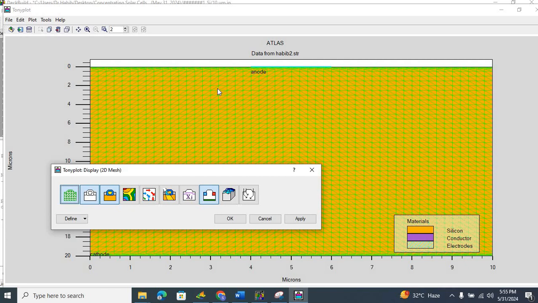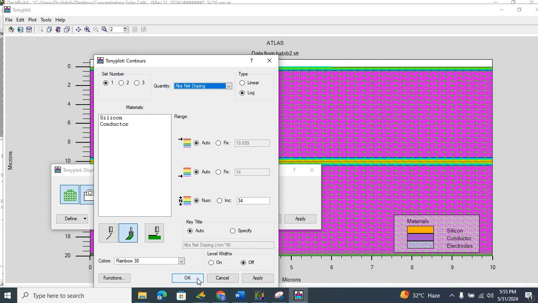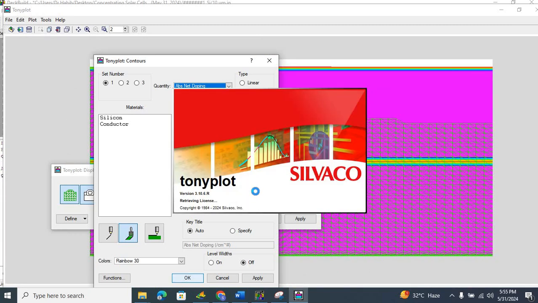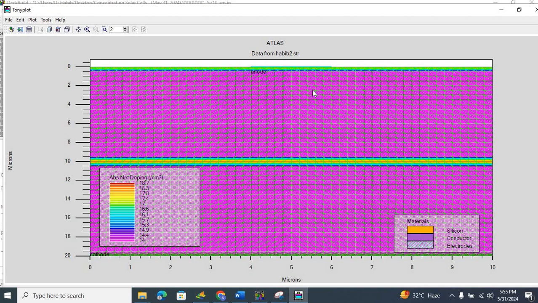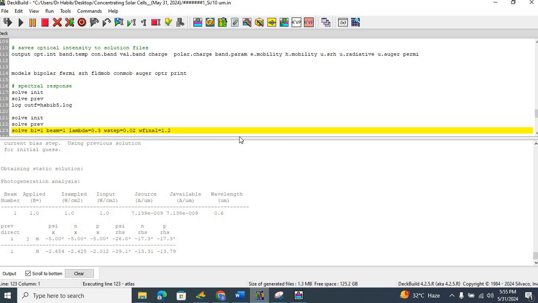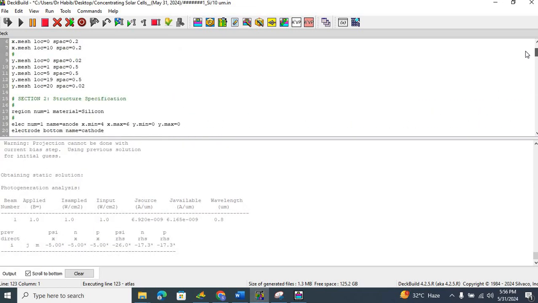The reason I've kept it denser at the top and also at the bottom is because if I click on contours, then go to define and then contours, and click on absolute net doping, from this structure you can see my structure, and for some reason it's showing that it's actually simulated until 20 micrometers.